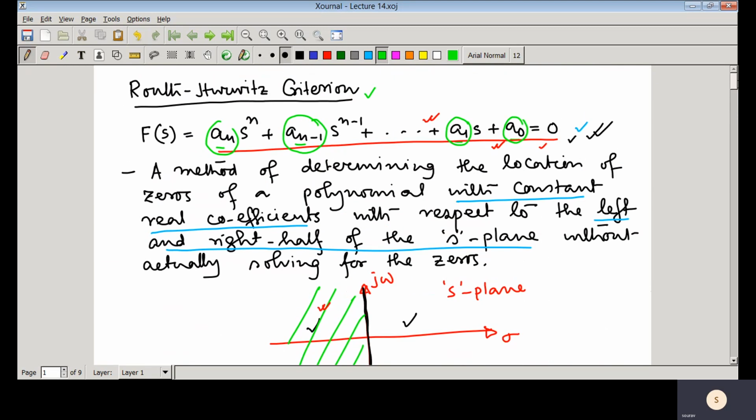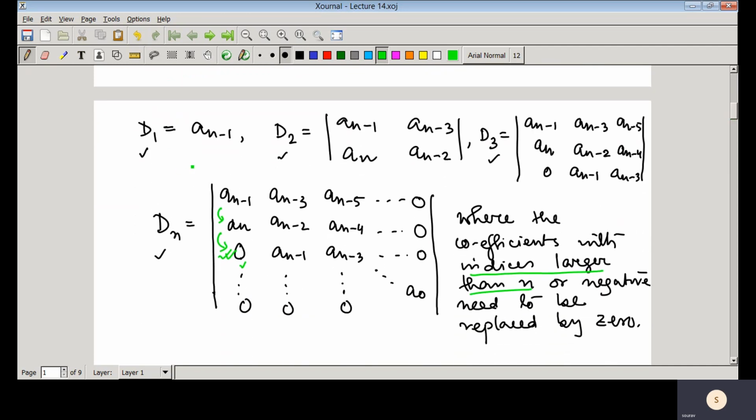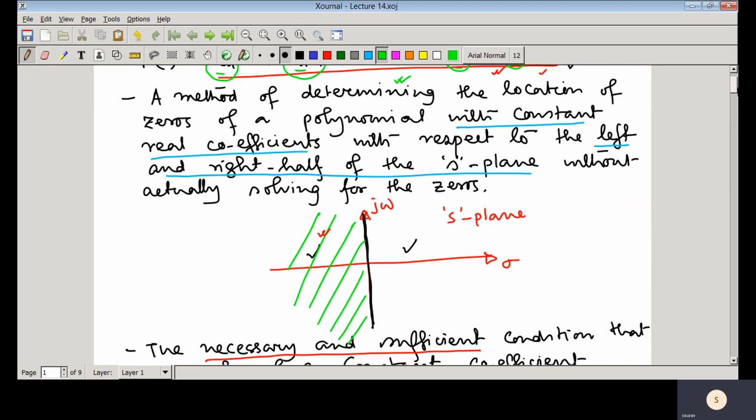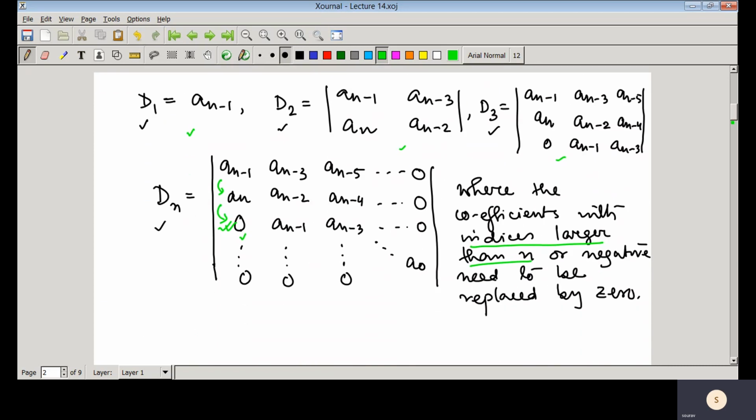So what we have discussed now is that whenever a characteristic equation is given and all the coefficients are real, then we can form the Hurwitz determinants. So these all are the Hurwitz determinants. Now the roots of this particular polynomial will be in the left half of that S-plane if and only if all the determinants are positive.